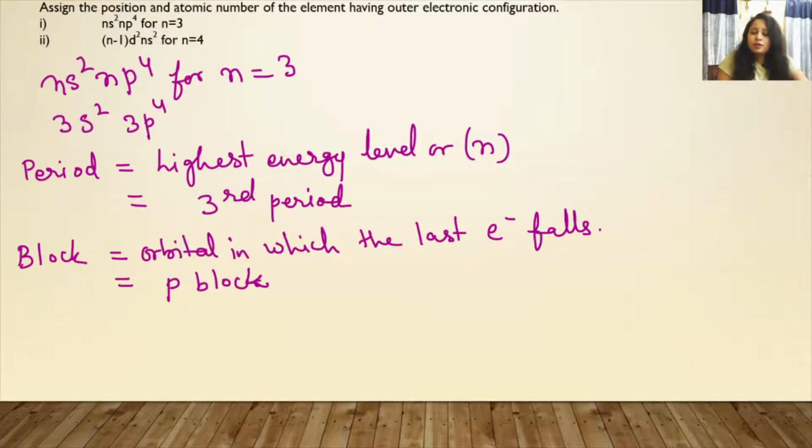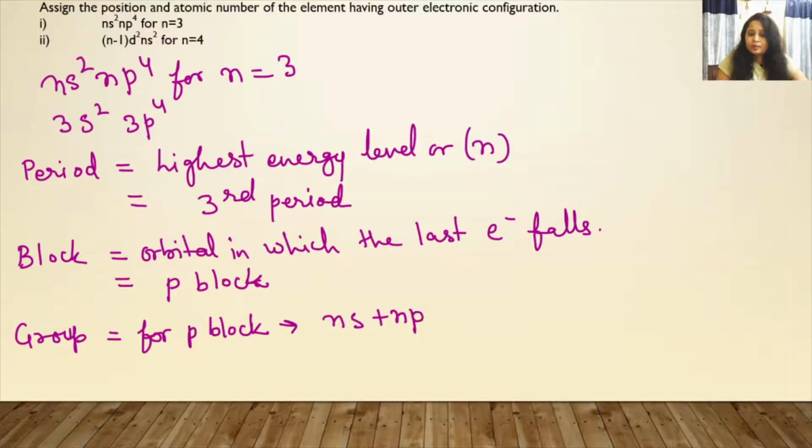Now come to the group. To determine a group, we need the block. So for p block elements, the formula for determining the group is ns electrons plus np electrons plus 10. This is the number of electrons. So here ns means 3s. In 3s how many electrons we have? 3s having 2 electrons.